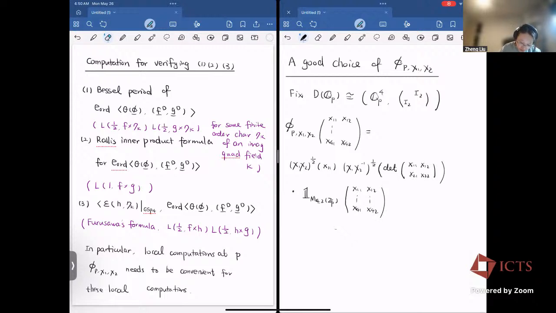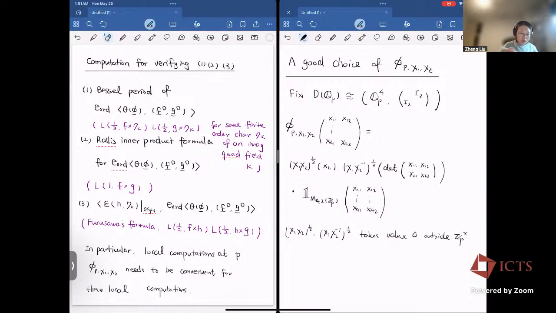Here I require these two characters to take value 0 outside Zp cross. So they are characters of Zp cross, and we extend them by taking value 0 outside Zp cross.